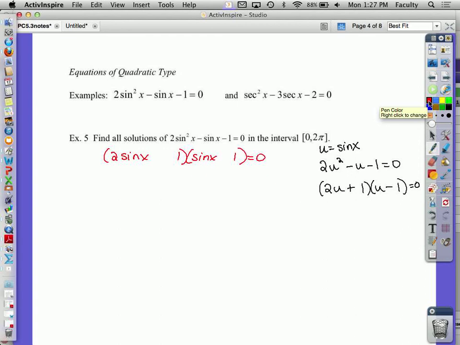So not a problem. And that's only meant if you need that. So then I have it factored. So 2 sine x plus 1 equals 0, or sine x minus 1 equals 0. I subtract 1 and divide by 2.